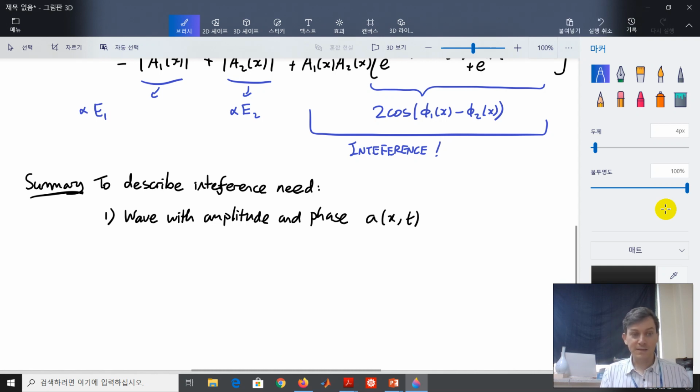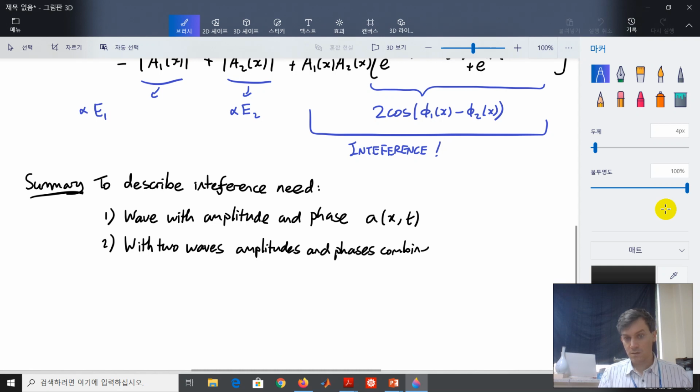Secondly, you need the fact that if you have several waves, then these functions are added together, like this: a1(x,t) plus a2(x,t).